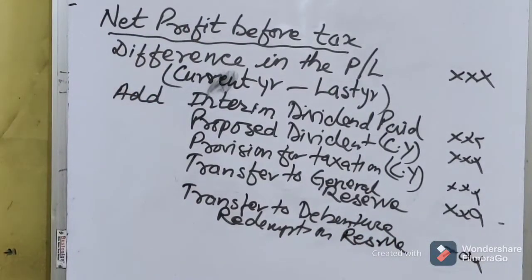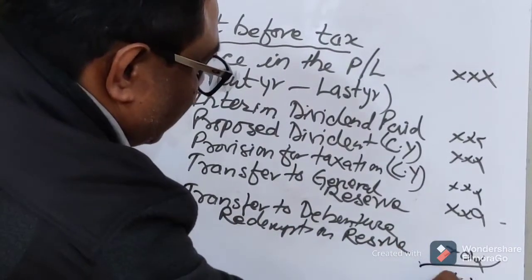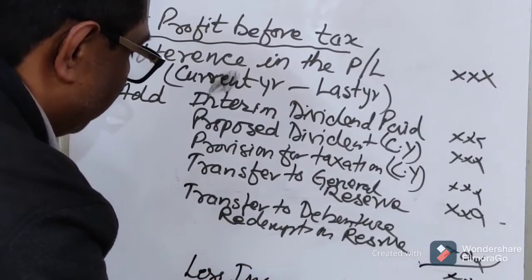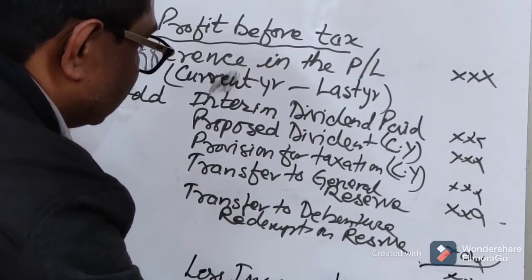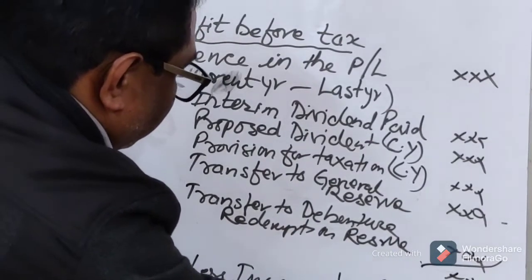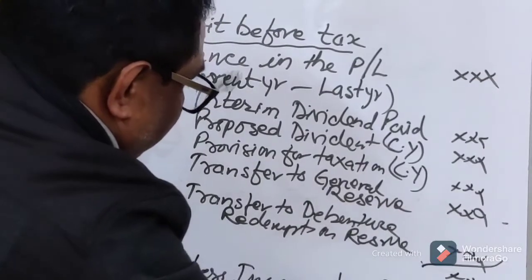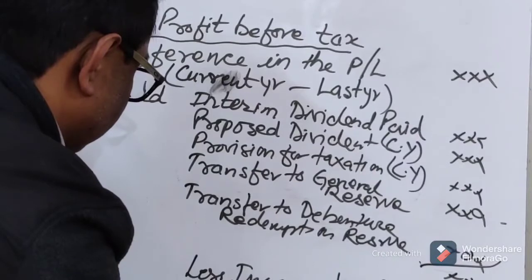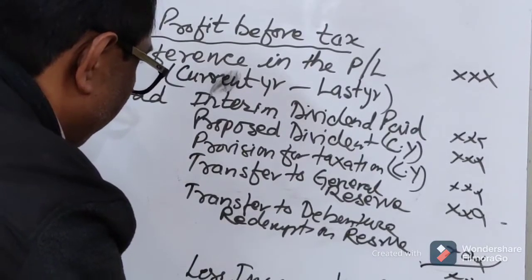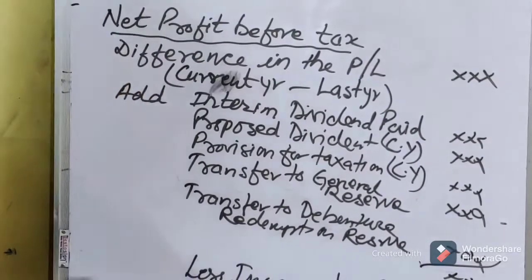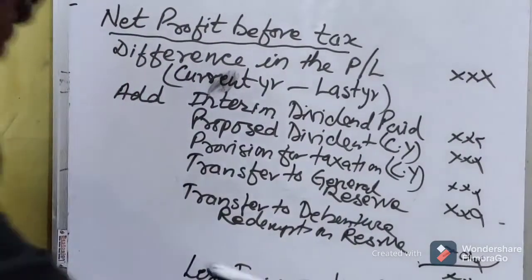So these are the items here. Now after adding these, less income tax refund. So this is the net profit before tax.